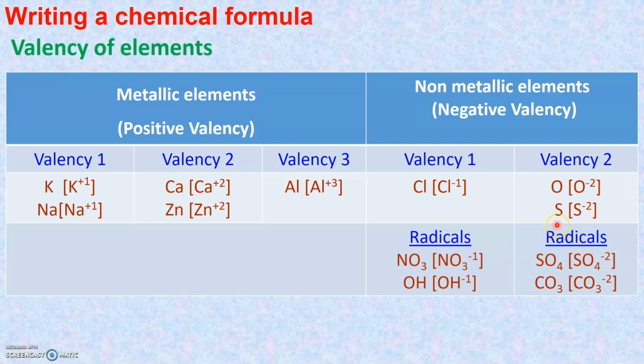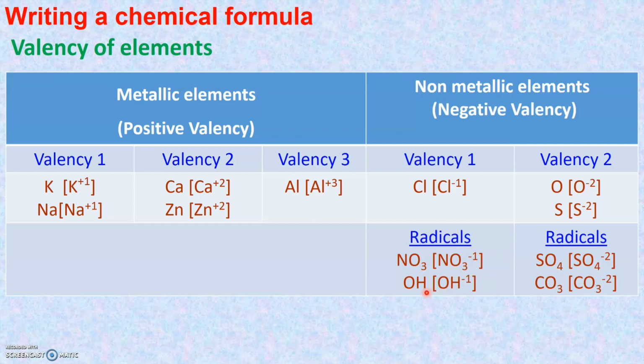For the element sulfur, since it is a non-metal, it has got a negative valency and the valency of the element sulfur is 2. We will see the valencies of radicals, that is nitrate. It has got a valency of 1, which is a negative valency.